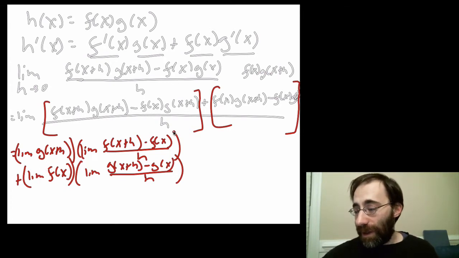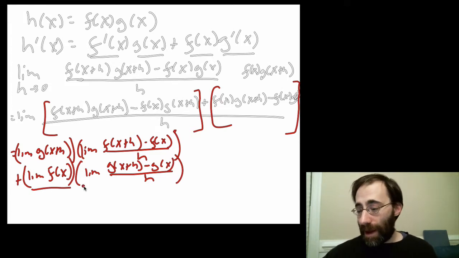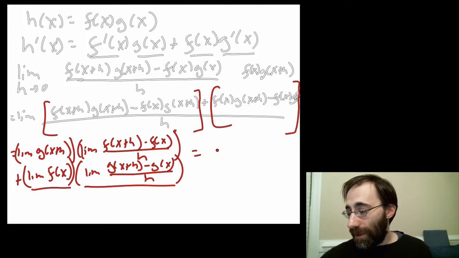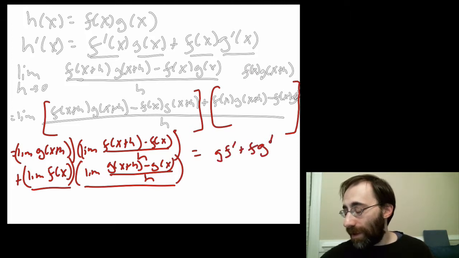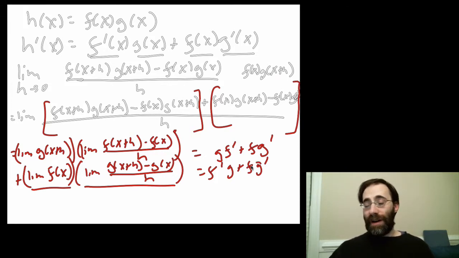The second term over here is the definition of the derivative of f. This term over here is just f of x, there's no h in it at all. And this term here is the definition of the derivative of g. So we get, as required, g f prime plus f g prime, which, moving that around a little bit, is in fact the definition of the product rule. There you go. There's the product rule.